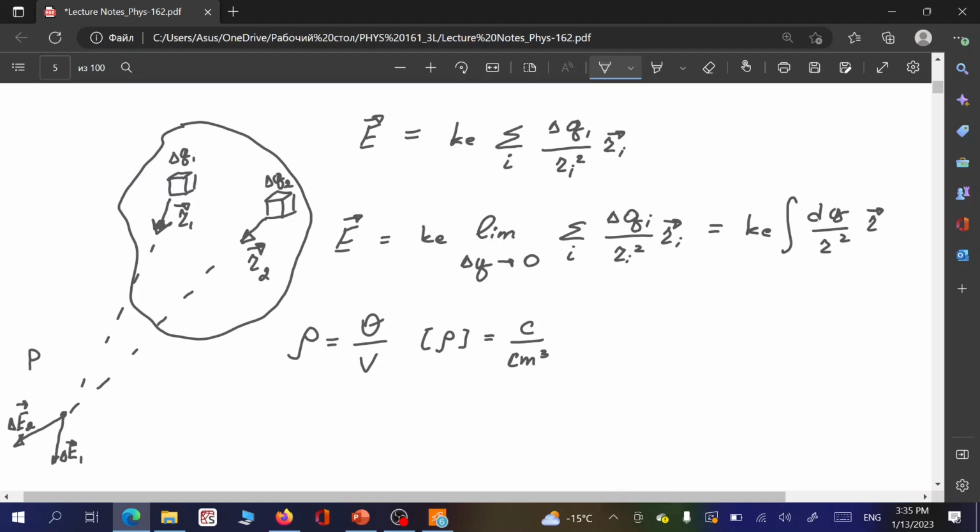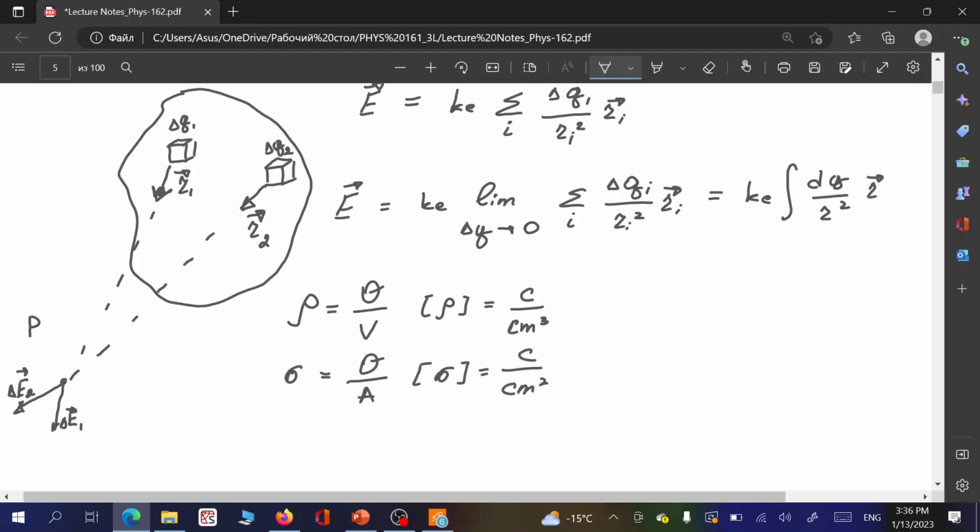If we deal with an electrically charged surface, then we have sigma, and that is the total charge accumulated on a given surface divided by its area. So units will be Coulomb per centimeter square. And in the linear case, we have lambda equal to total charge divided by length, and units for lambda are Coulomb per centimeter.